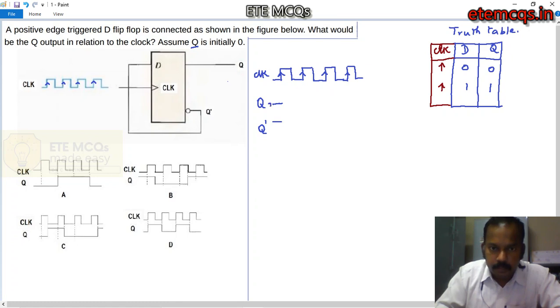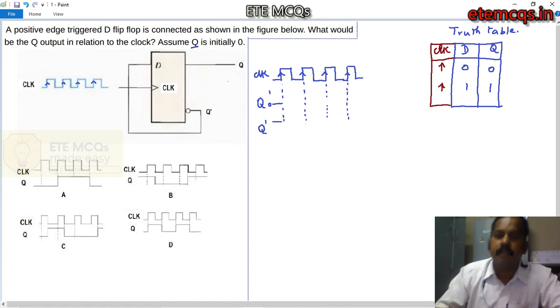So when Q is 0, Q bar is 1. Now you can notice that Q bar is the one given as input to D. So at this particular edge triggering of the clock signal, the input will be processed and the output will be generated.